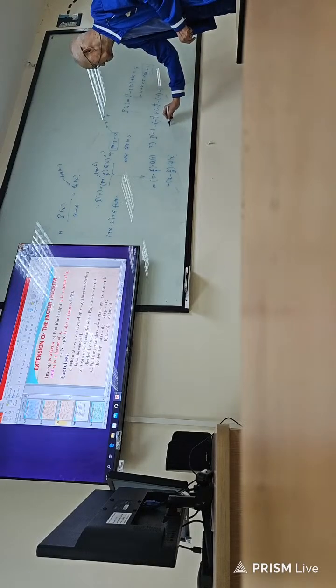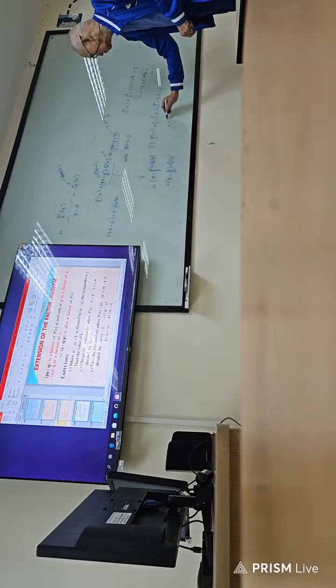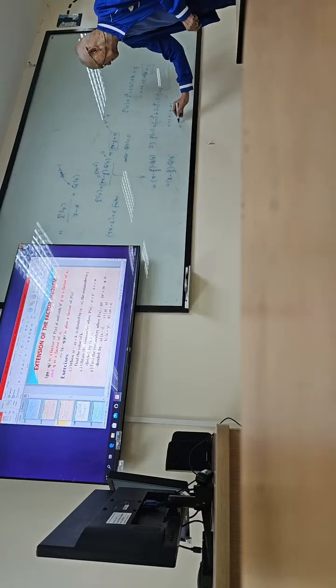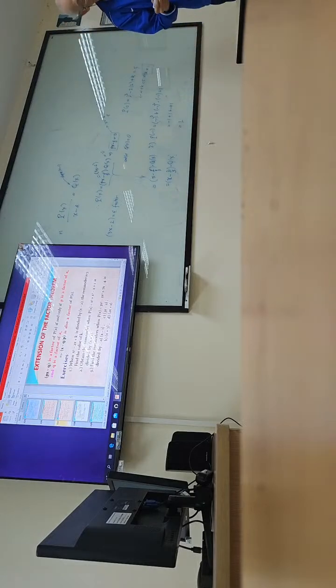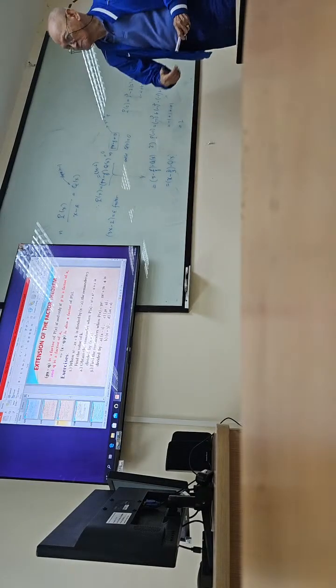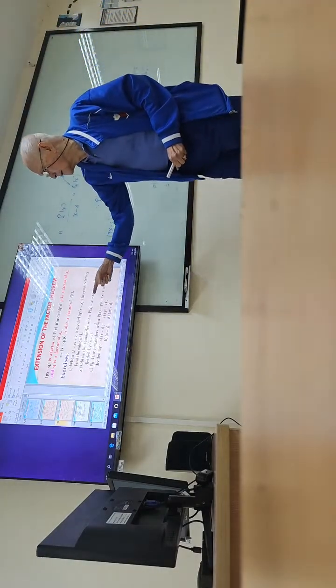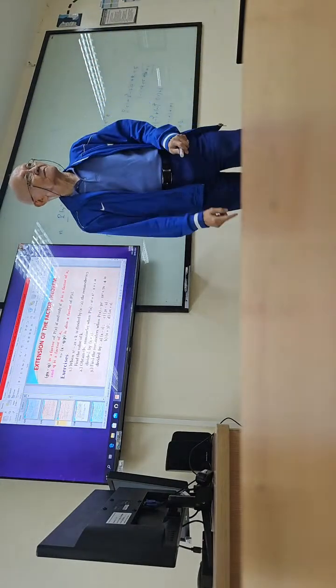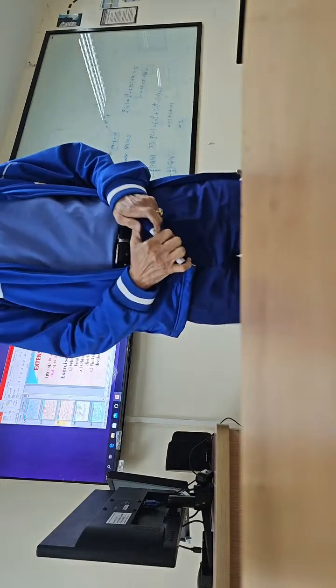And how much is this? This is minus 1 plus 1 plus 1 plus 1, and it is equal to 2. So when you divide this polynomial here by x plus 1, the remainder is 2. You can check it out by dividing it using the long method.